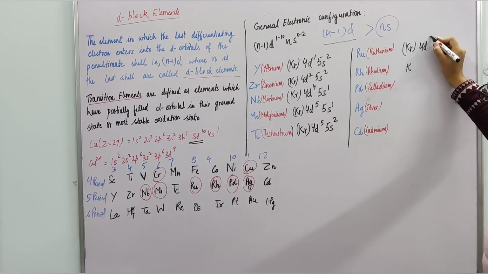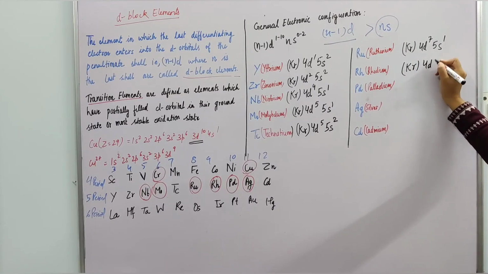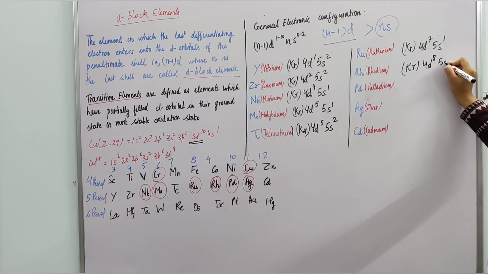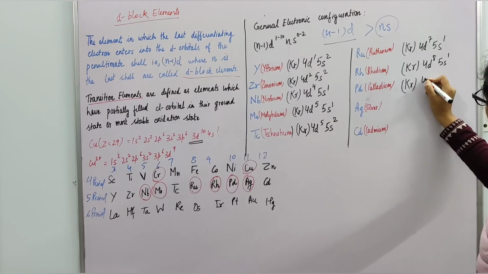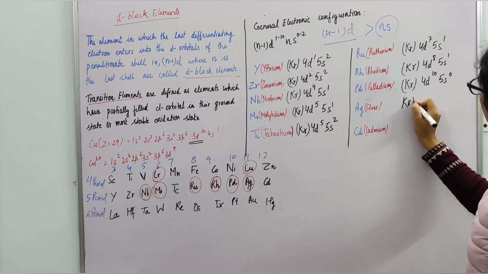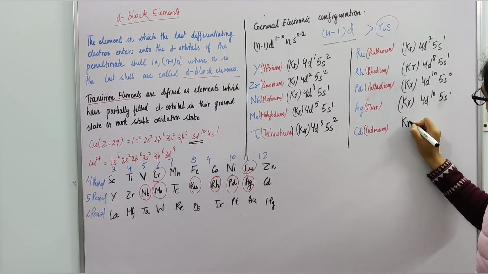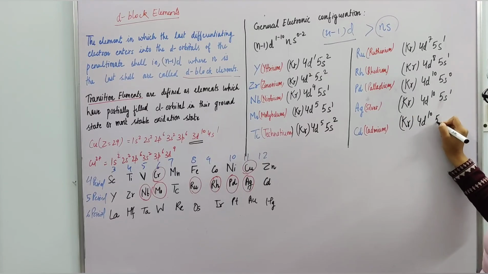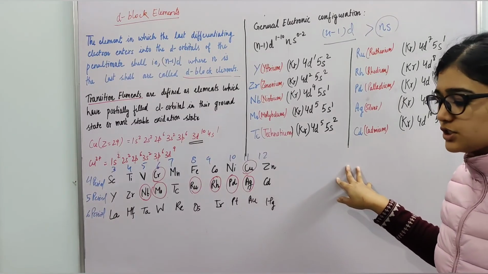It is actually 4d7 and 5s1. For rhodium it is 4d8 5s1. For palladium it is 4d10 5s0. For silver it is 4d10 5s1. For cadmium it is 4d10 5s2. So that way we have a lot of exceptions in our second transition elements.